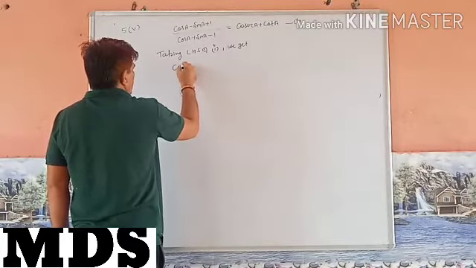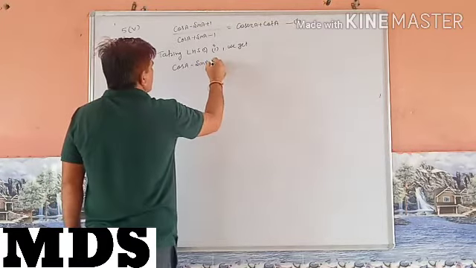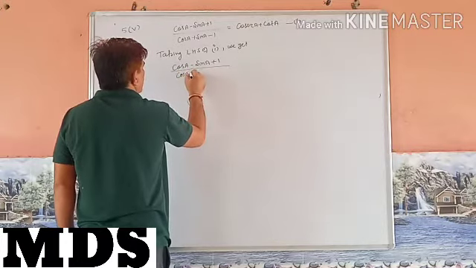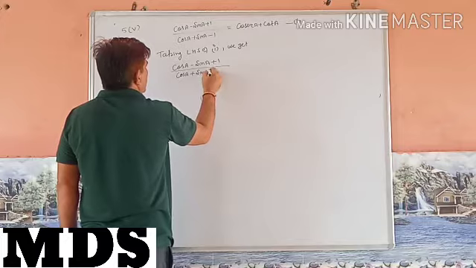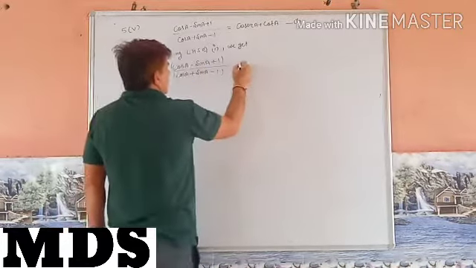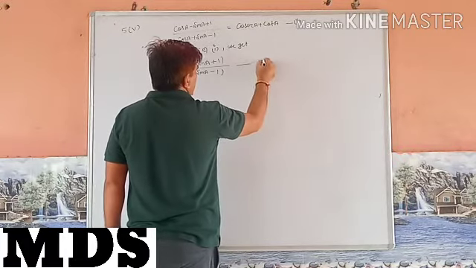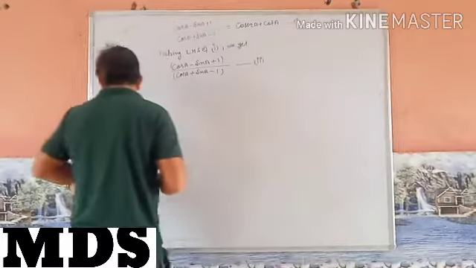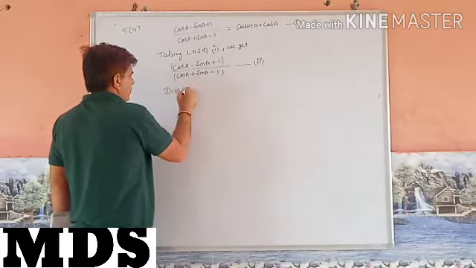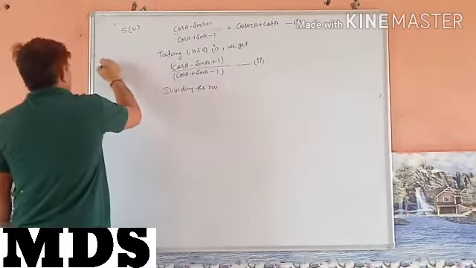So (cos A minus sin A plus 1) divided by (cos A plus sin A minus 1), let this be the second. We will have to use this identity.